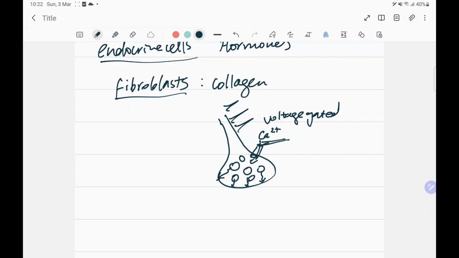There are only two exceptions that I could think of where calcium not entering causes secretion, but everywhere else in the body calcium entry causes exocytosis.